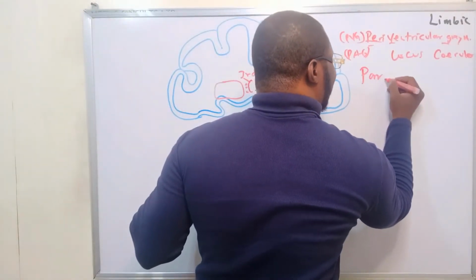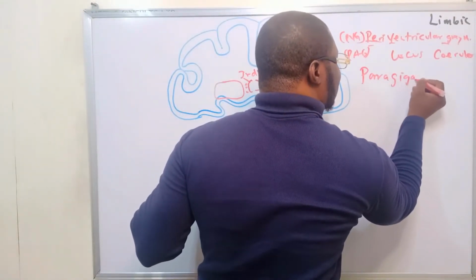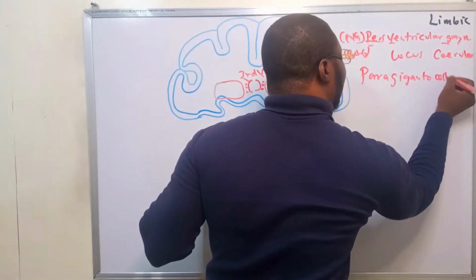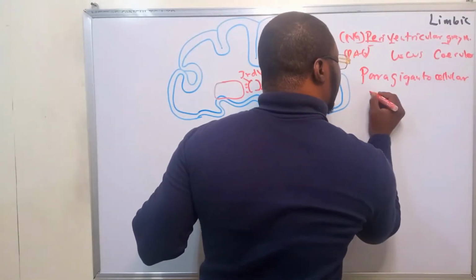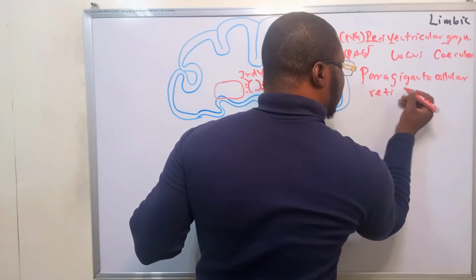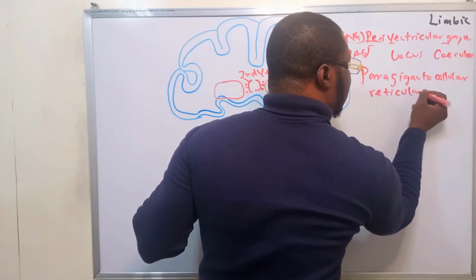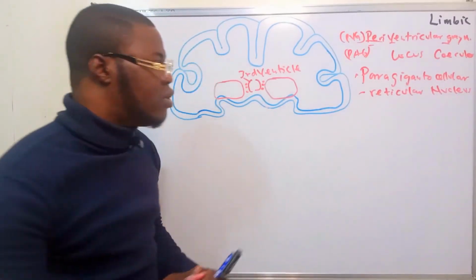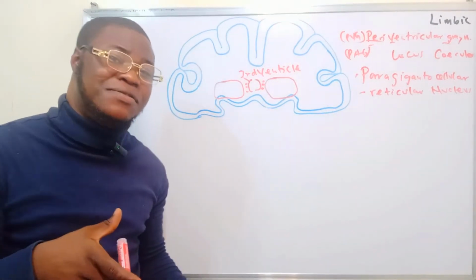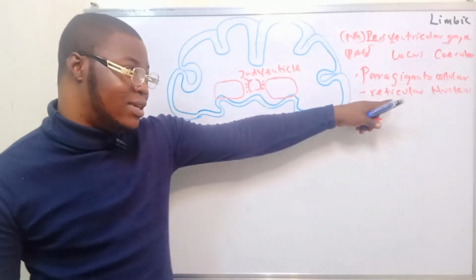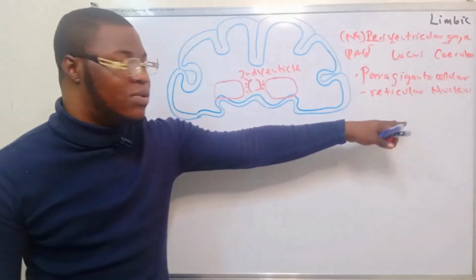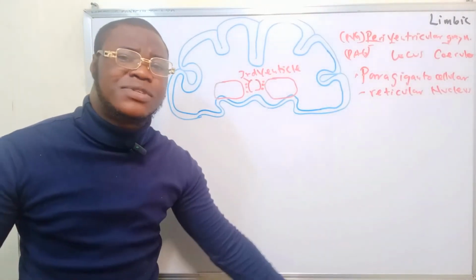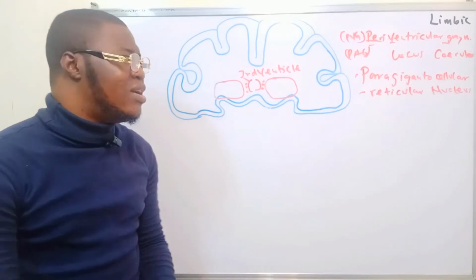That is a little bit of a mouthful. That's another name for another structure in the brain. The reticular formation itself is where we can find this paragigantocellular reticular nucleus. And there are a lot of systems like that in the brain too.